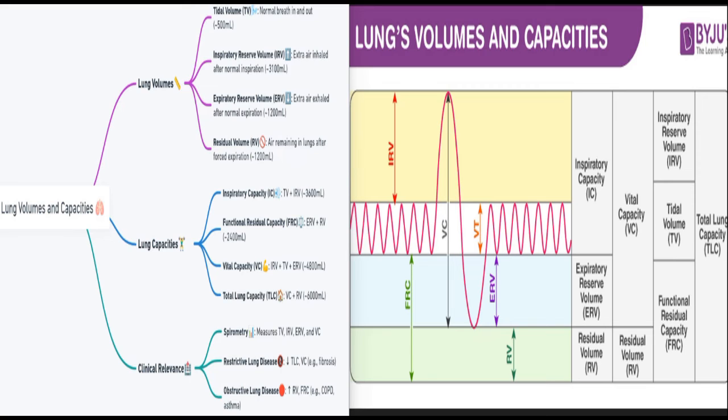So let's look at another example where you have your forced expiratory volume in 1 second being 2.35 as compared to the lower limit of normal being 2.41. So it's reduced.